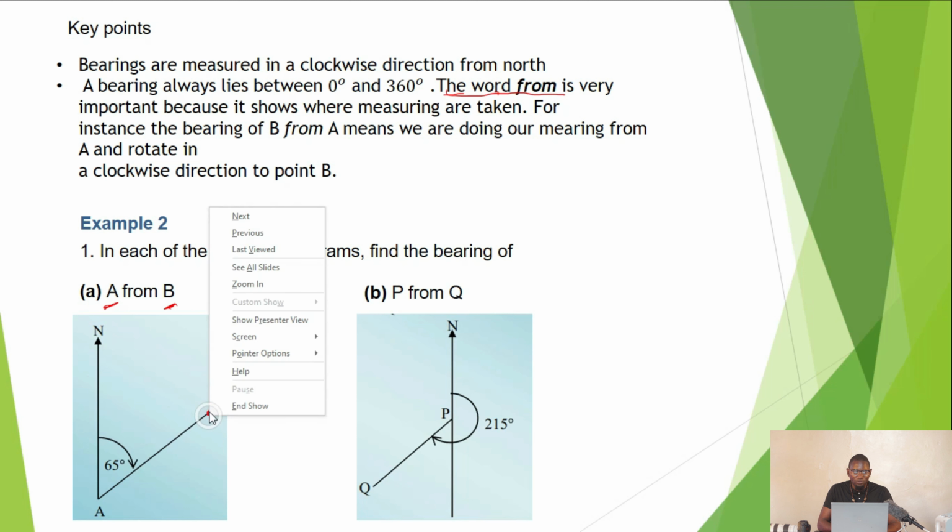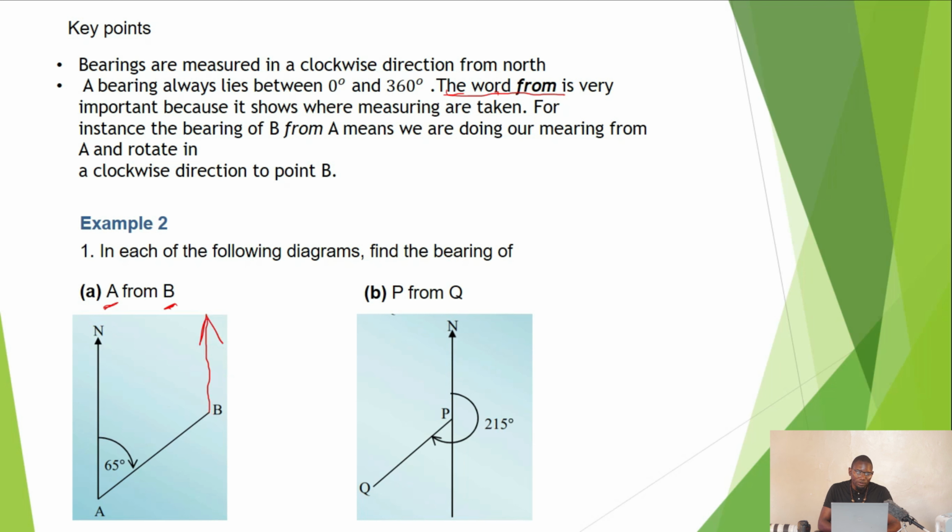So you have to draw your north at point B. So now this becomes your north, since we have said find the bearing of A from B. So you measure it from the north. So now you have to start going clockwise until you meet the line that has point A. So this is the angle or the bearing we are looking for.